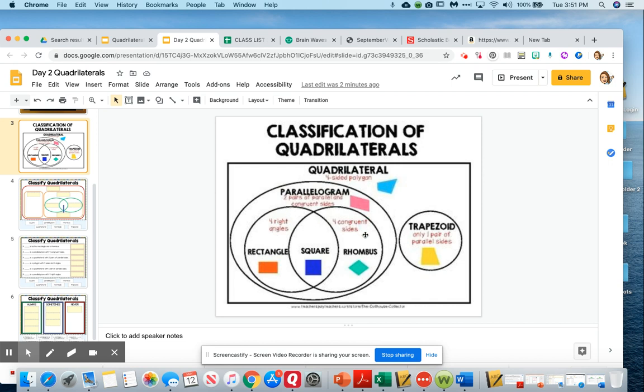Now, another type of parallelogram that is not a rectangle, but is still a parallelogram, is a rhombus. And the difference between a rhombus and a regular parallelogram is it has four congruent sides. And again, congruent means equal.